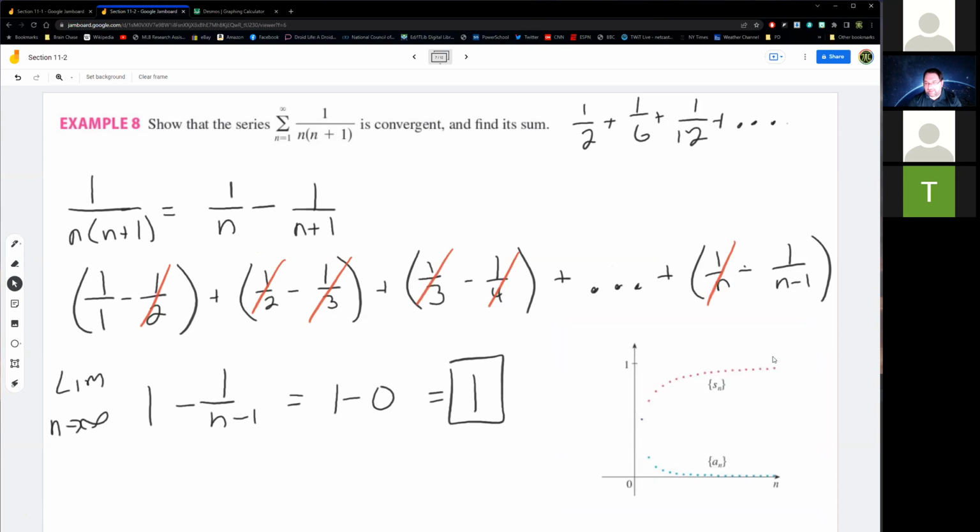So you can see here, that's the partial sums, and it's getting closer and closer to 1. AN is that value in there.